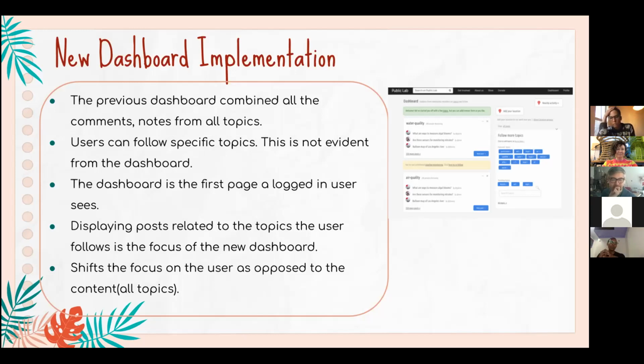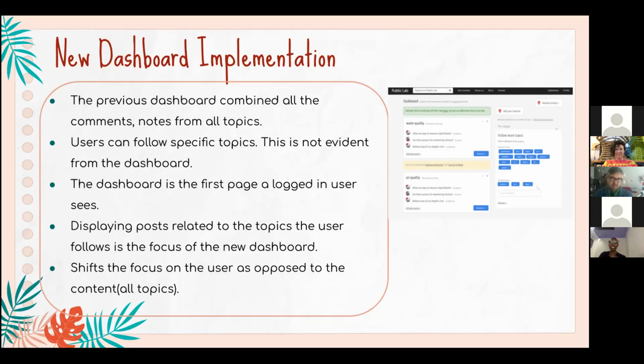And then, just an explanation: the dashboard is the first page a logged in user sees. So you have to be logged in to see it. For the new implementation, the shift was from the content from all topics to what the user wants to see. For example, if you log into Twitter, you don't want to see all the posts by all the users of Twitter. You just want to see the posts from the users you follow.